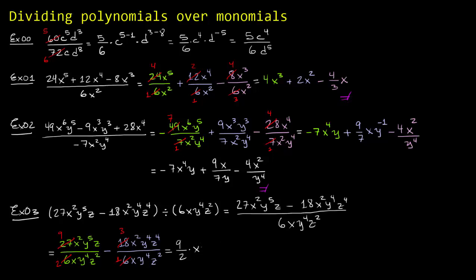Here will be y raised to the 5 minus 4, we subtract the exponents, and the same case, y to the 1st power. It would be c raised to the 1 minus 2. This will simplify to the negative 1.